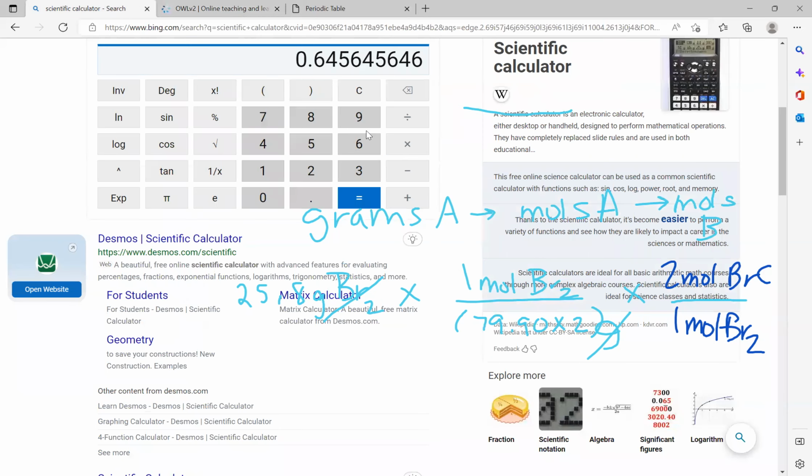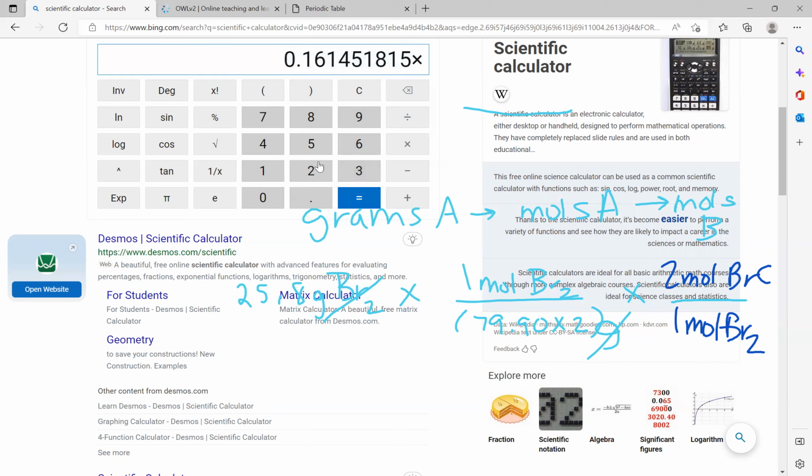And is it because I put something in wrong? Let's double check our answer. 25.8. And then we're going to divide by 79.90 times 2. Close that up.